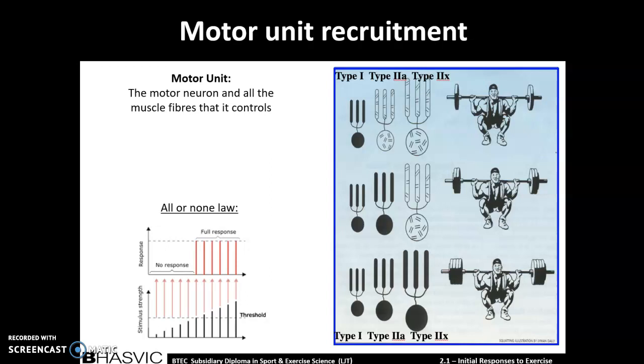So different motor units with different muscle fiber types would be recruited at different times, depending on the intensity of the exercise.